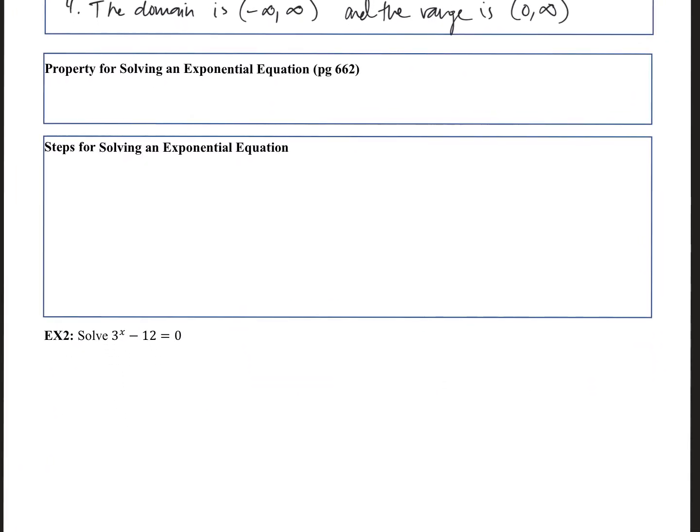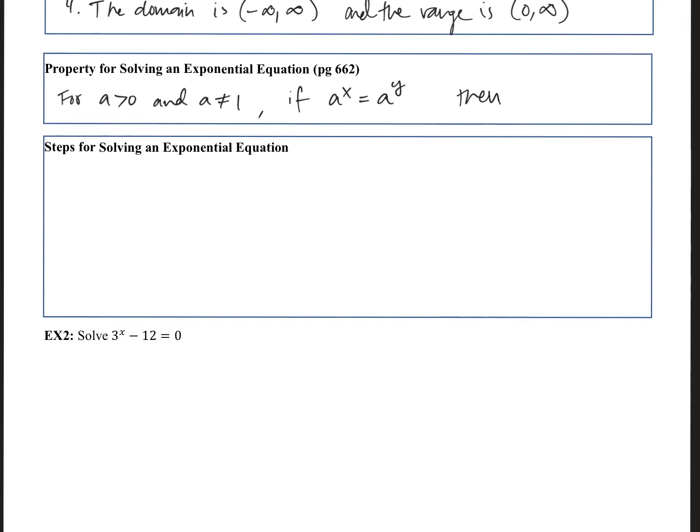Now, properties for solving an exponential equation. What are the properties? Well, for a greater than 0, and when a is not equal to 1, if we have a to the x equals a to the y, then what can we do?